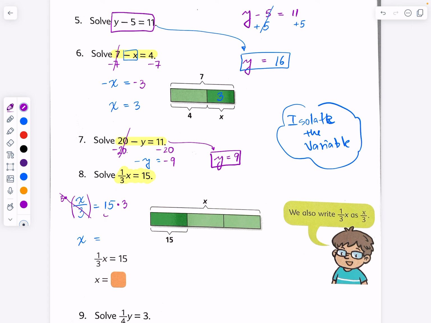What do we have on the right? We have 45. Now, x equals 45. Let's see if this answer makes sense. 1/3 of 45. Does that equal 15? Yes. 45 divided by 3 is 15. We solved our equation, 45.